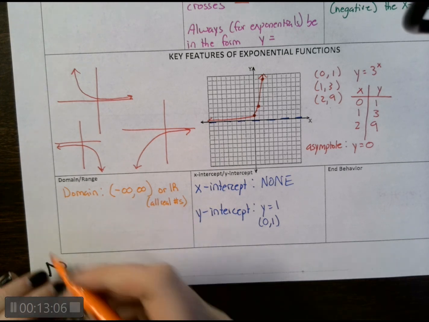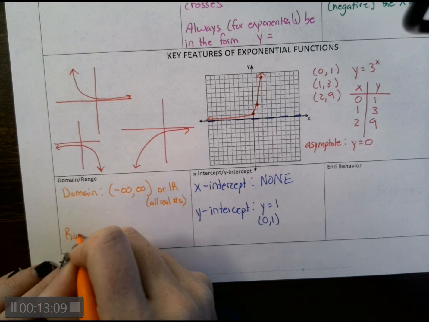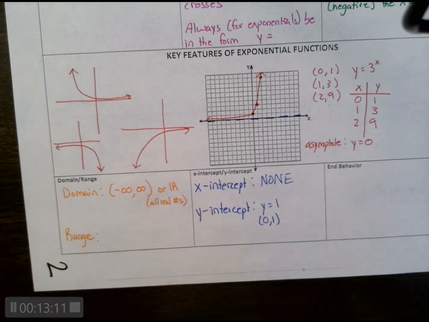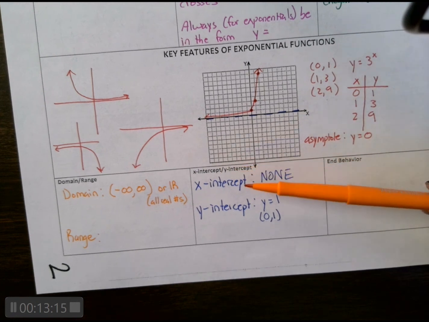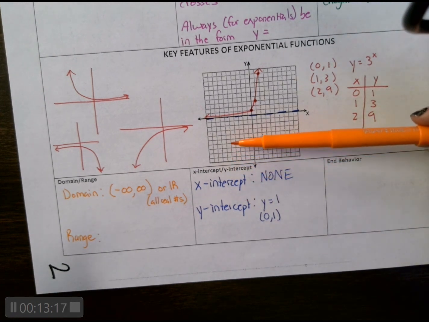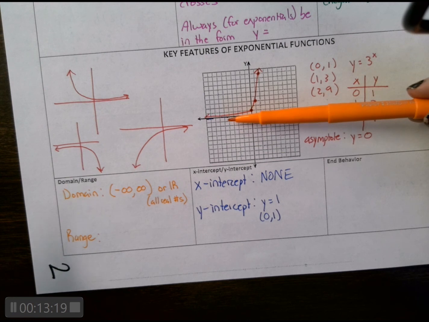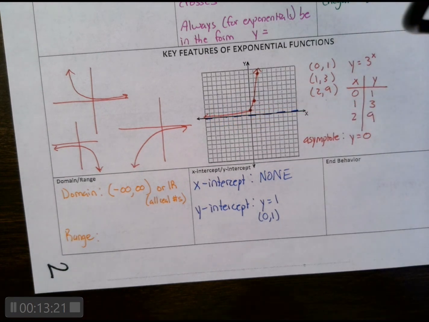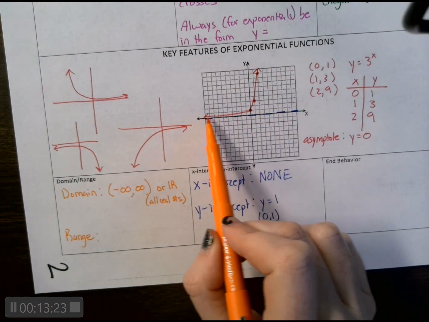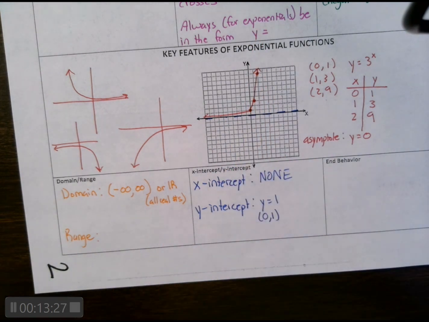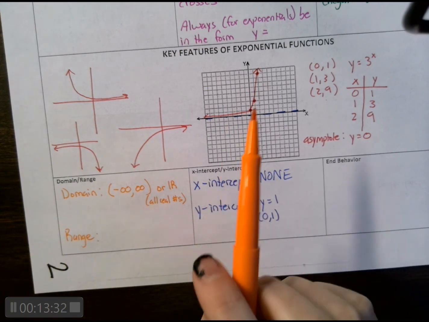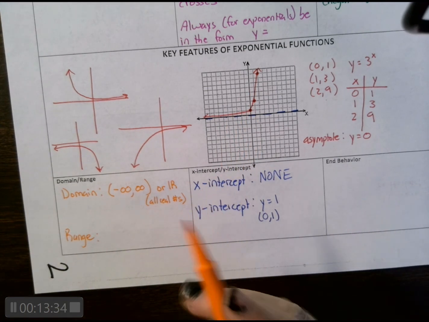Okie dokie. So now we're going to talk about our range. Range is going to be a little bit different this time. We still go from bottom to top. Okay? And we start to hit our range at our asymptote. And then we continue to go up, up, up, up, up. So for our range, I want you to state what your asymptote is.